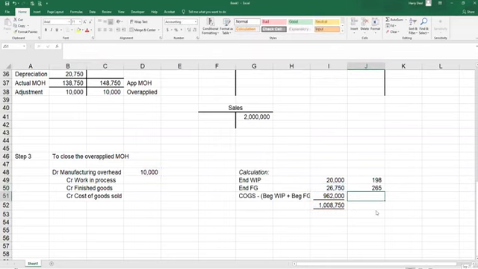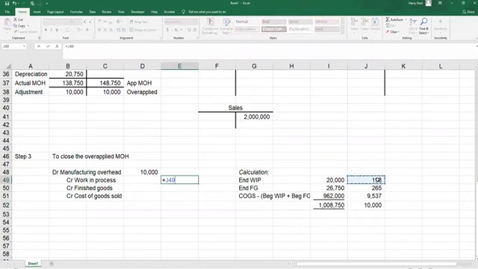And then what's left over is, because we were looking to allocate $10,000 in total, out of the 10,000, $198 is allocated to work in process, $265 is allocated to the ending finished goods, and what's left over must be allocated to cost of goods sold.